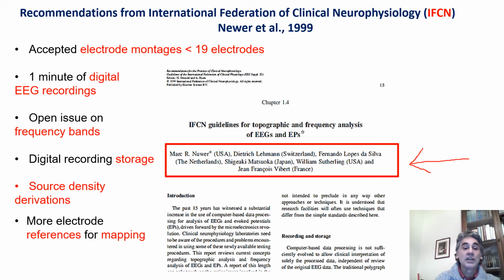They also recommended the digital recording of EEG activity for reuse and reanalysis, and the use of source density derivations to enhance the spatial details of the topography of resting state EEG activity. Finally, they recommended the use of more than one electrode as a reference for the recording of resting state EEG activity in order to have a more reliable topographic mapping of EEG activity.